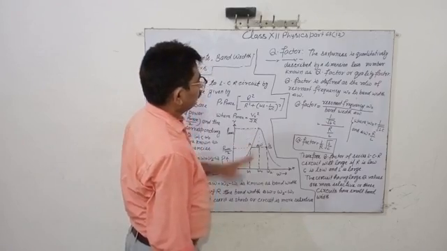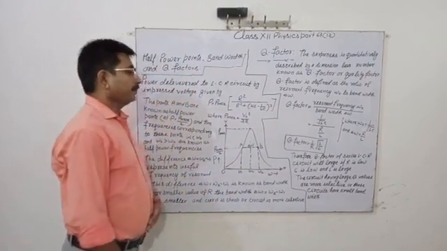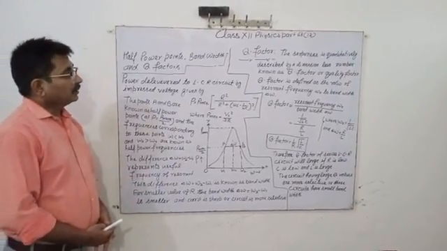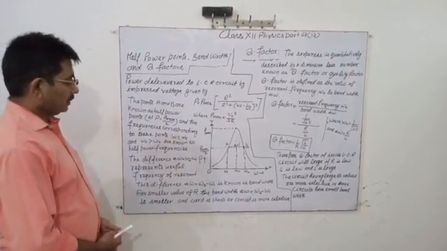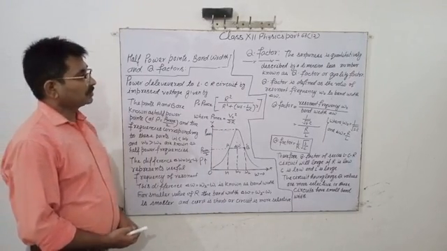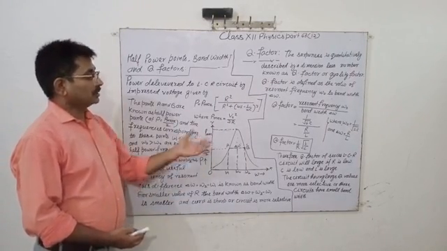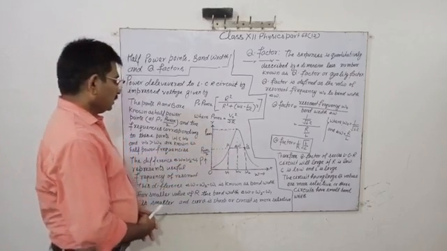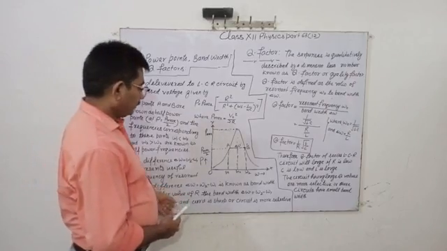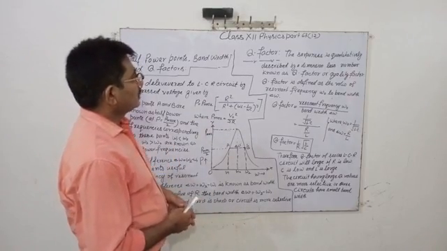This is very useful when R is very small: then the difference omega 2 minus omega 1, you can say the bandwidth, will be very small, and the circuit is more selective because it is more sharp.